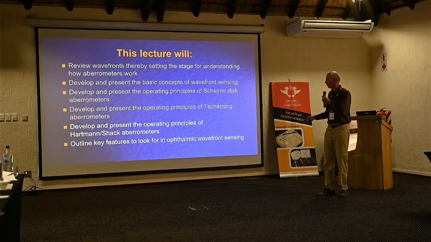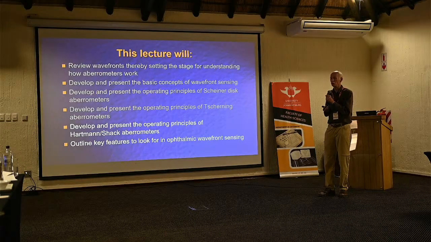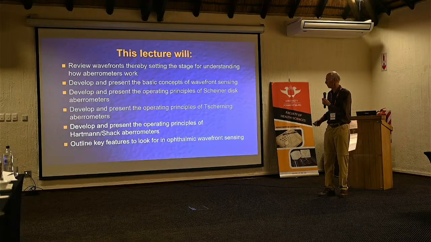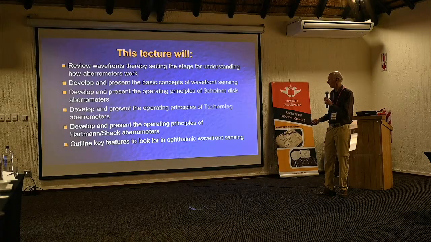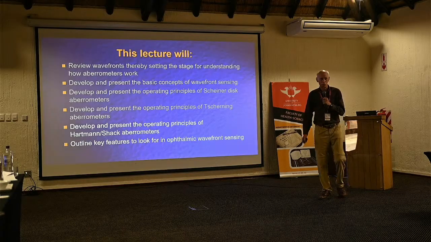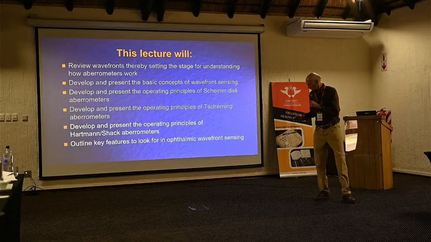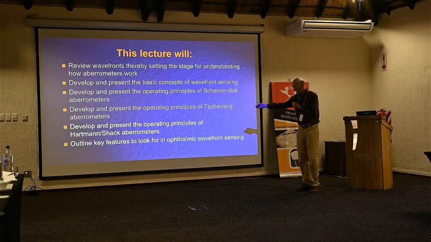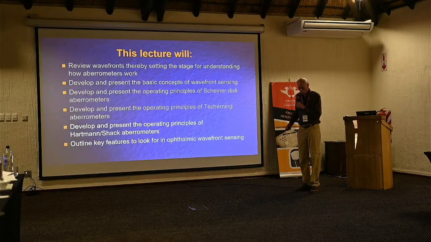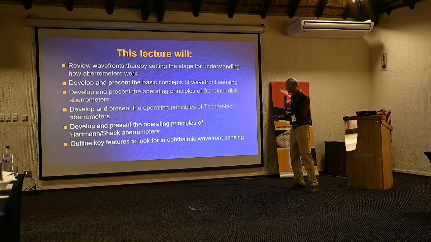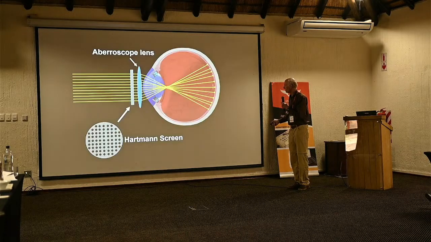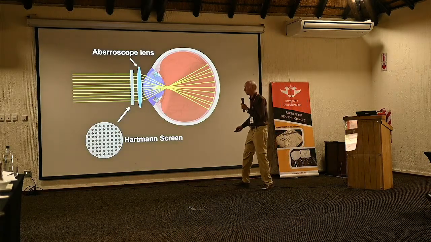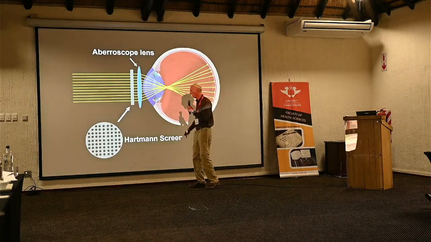So the more modern version now, and who knows, a few years from now, it might be something much, much better, the king is still the Hartmann Shack aberrometer. Shack is a vision scientist, an American, who worked at the University of Arizona, Roland Shack. One point he pointed out was that the Hartmann screen had been around since the early 1900s. It's been used in the optical industry for a long time.